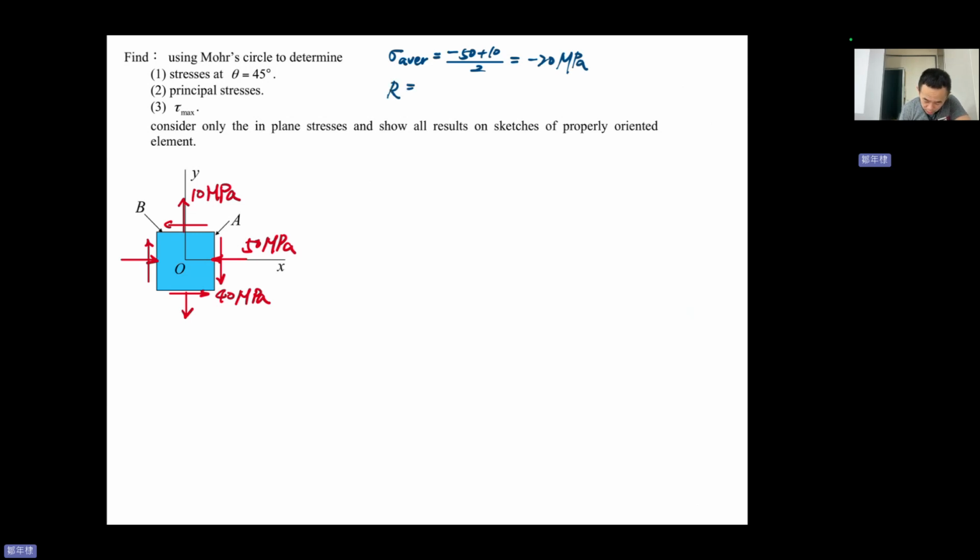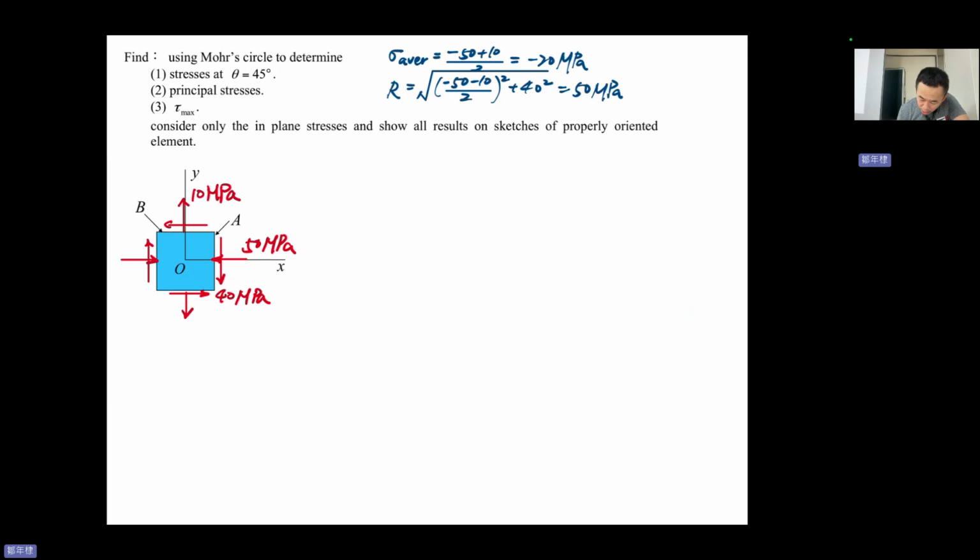Your R is the square root of minus 50 minus 10 divided by 2 squared plus 40 squared, so you will have 50 MPa.